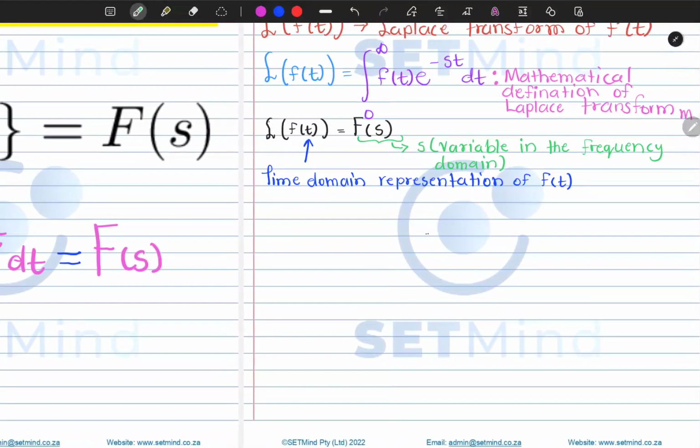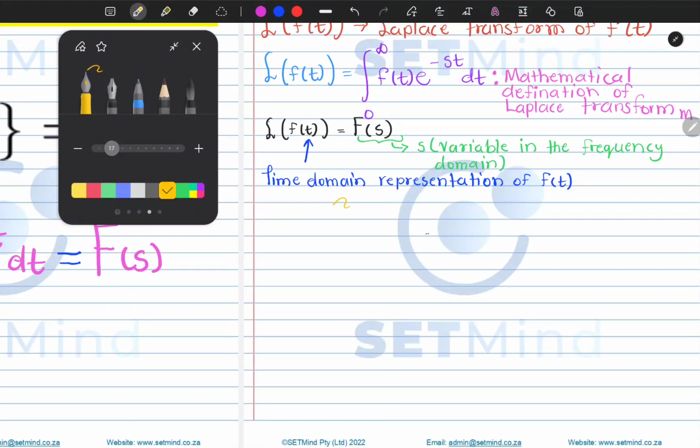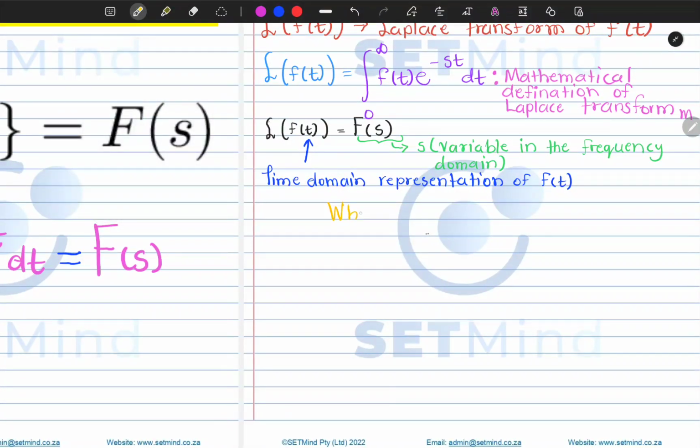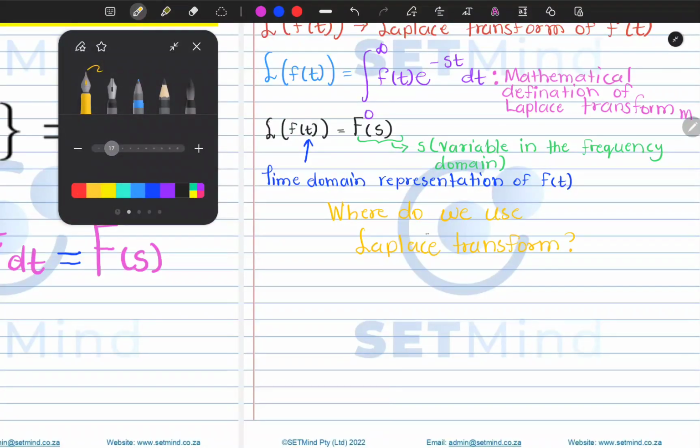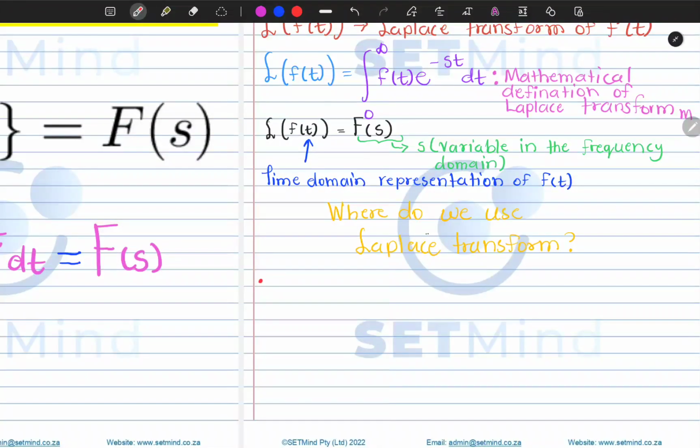So where do we use it is the question which we should ask next. Where do we use the Laplace transform? The answer to that question is very easy, and there's a couple of them. We use the Laplace transform in the following instances. First, when we are trying to solve differential equations.